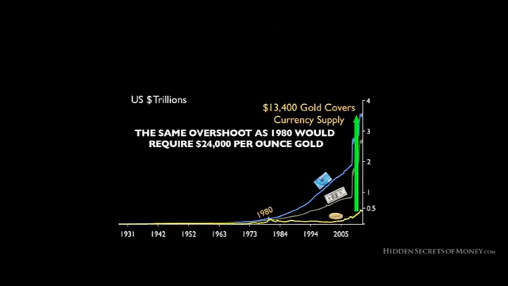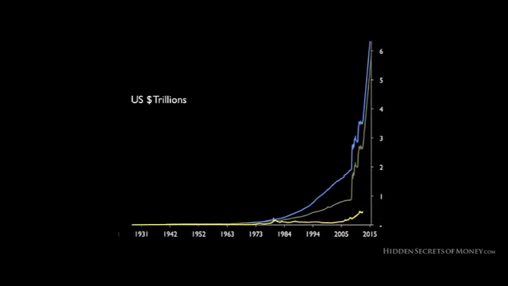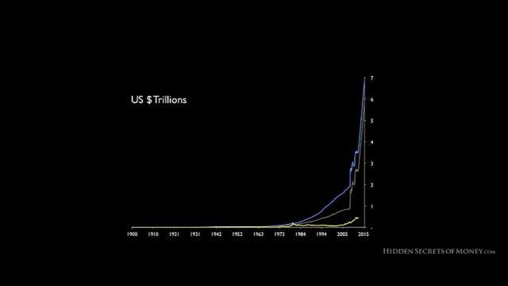$24,000 an ounce gold is what it would require to meet that, except the Fed has announced that they're going to keep on printing currency until there's lower unemployment and the economy gets back on track. And they think till 2015.